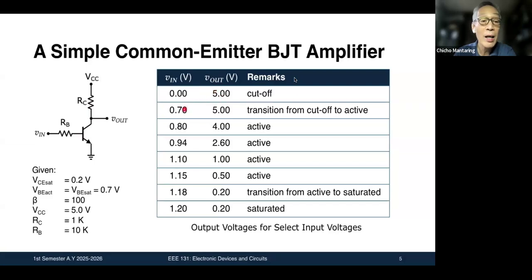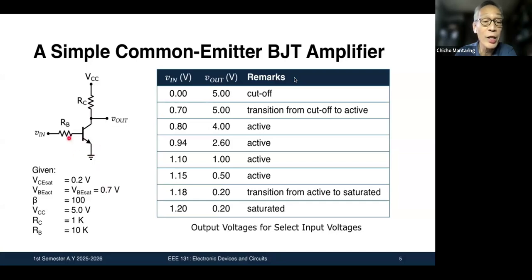When your input is 0.7 volts, that is when your base emitter junction is on the verge of conducting. Now, we're using here the constant voltage drop model of the base emitter junction. In other words, we're just approximating your base emitter voltage to be 0.7 volts when it is conducting.